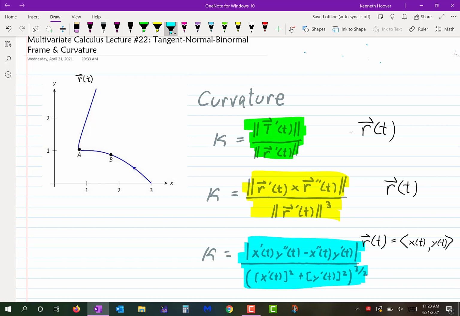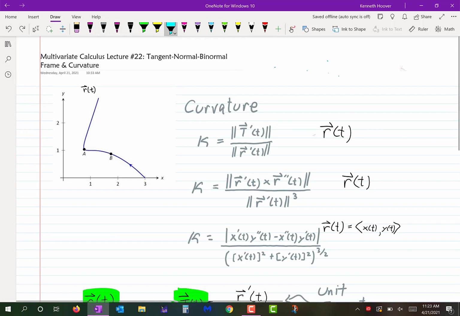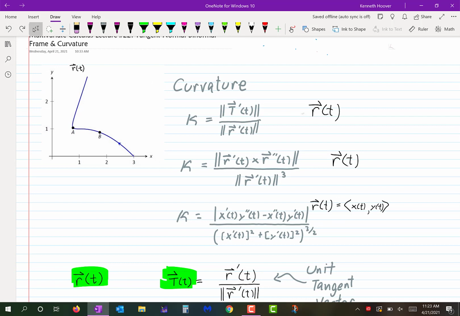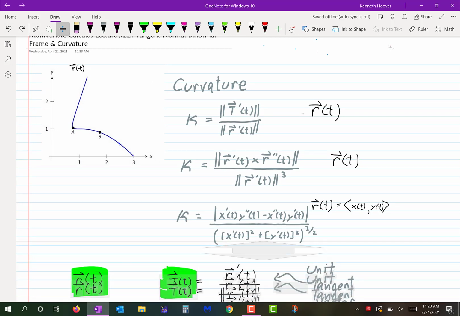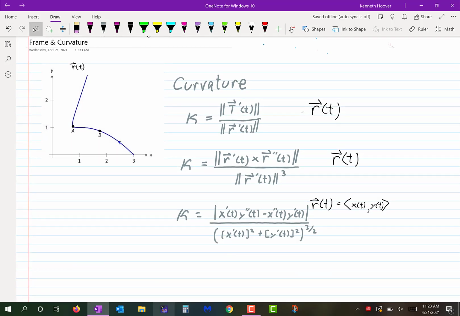Okay? And finally, a fourth option. In this fourth option, what if, instead of given a vector valued function, what if you were just given a good old-fashioned y equals f of x? So something that you would have seen in calculus 1 or 2. Could you have calculated this thing called curvature for those functions also? Yeah, you could have.